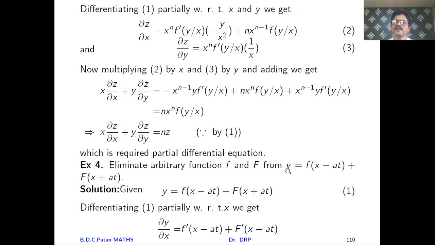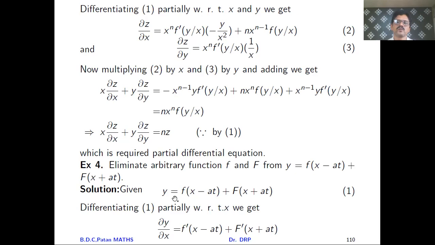So while differentiating y with respect to x, you treat t as constant, and while differentiating y with respect to t, you keep x as constant. So first we will consider this given relation as it is: y equal to f of x minus at plus capital F of x plus at.